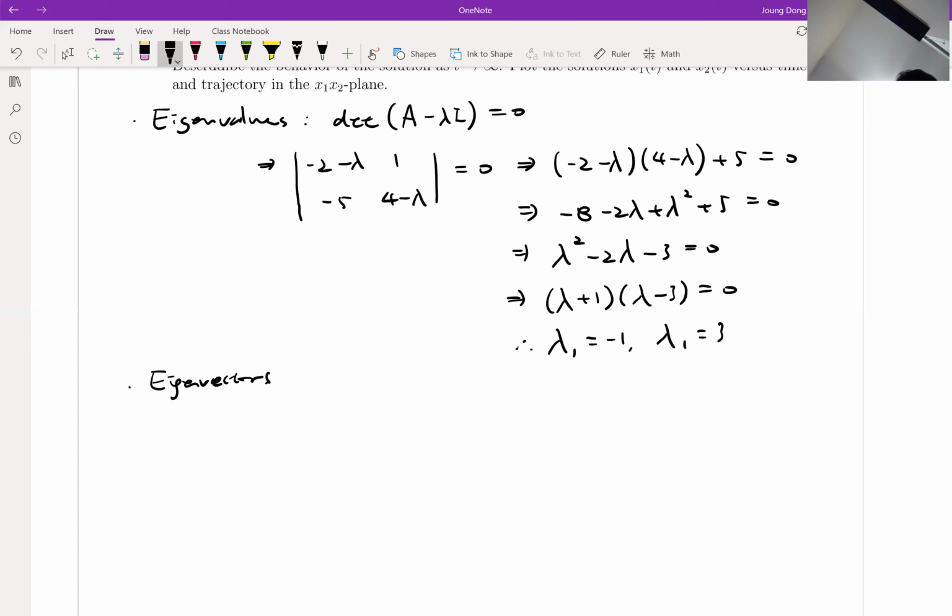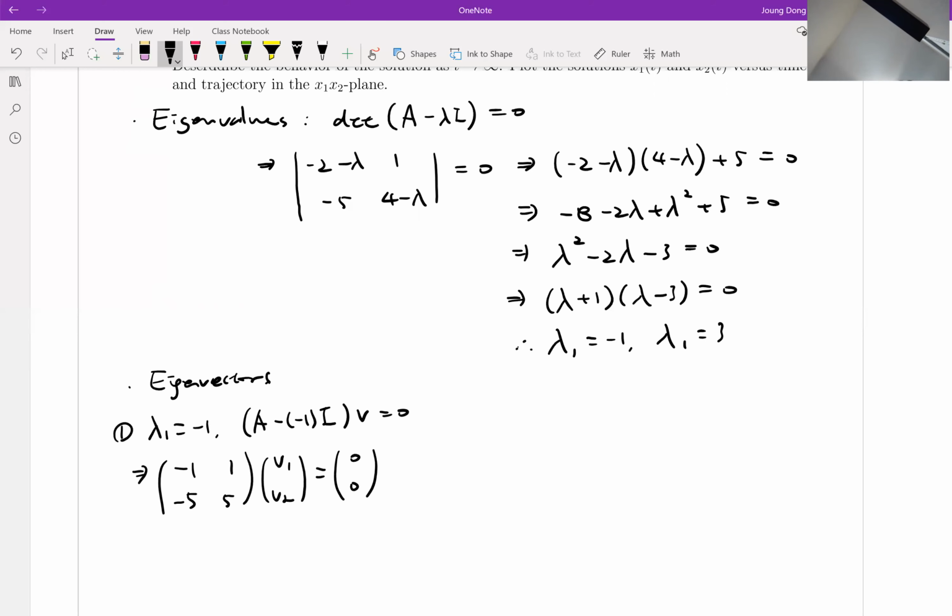Okay. Then with these two, we have to find the eigenvector. First of all, let's start from lambda 1, which is negative 1. Then what you're going to do is A minus lambda I times v equals 0, which is minus 1, 1, negative 5, and 5 times v1 and v2 equal to 0 and 0.